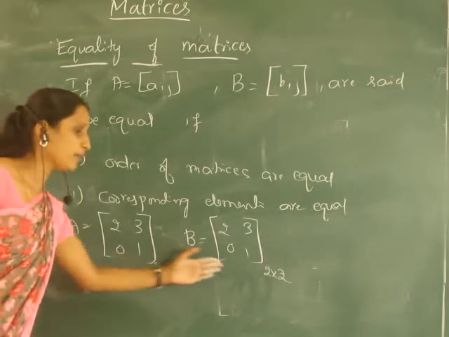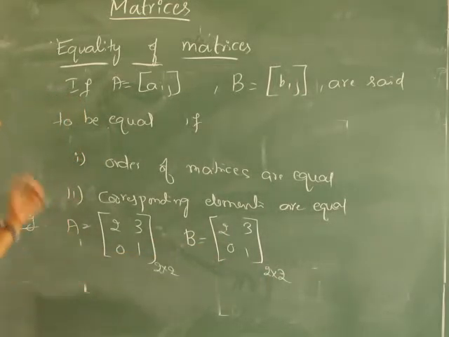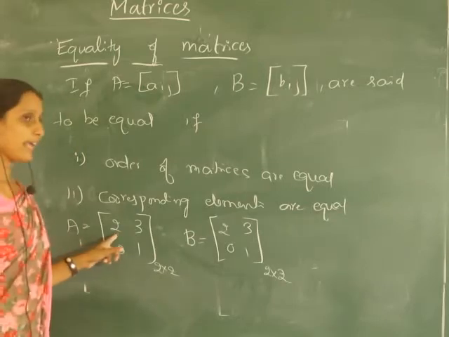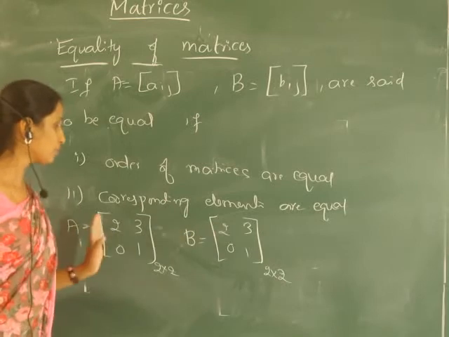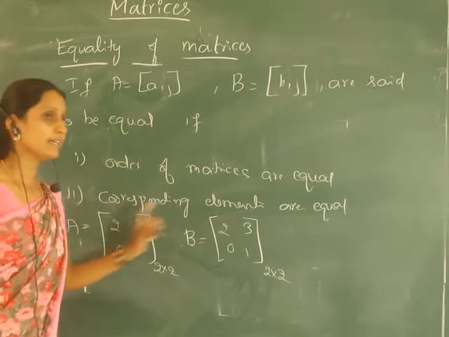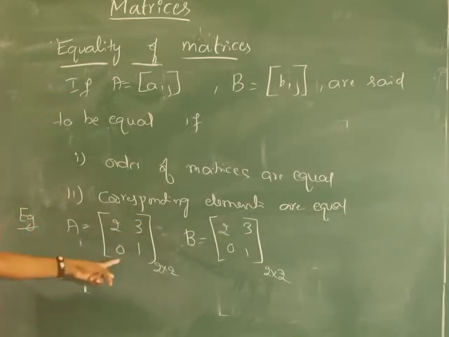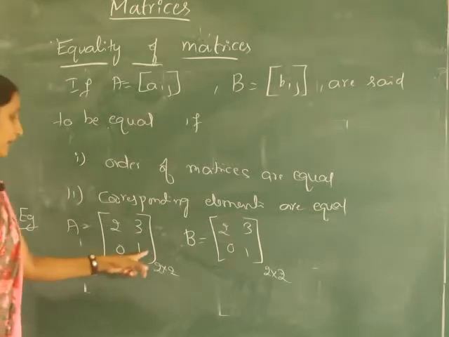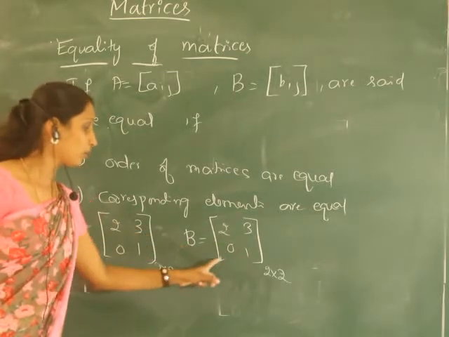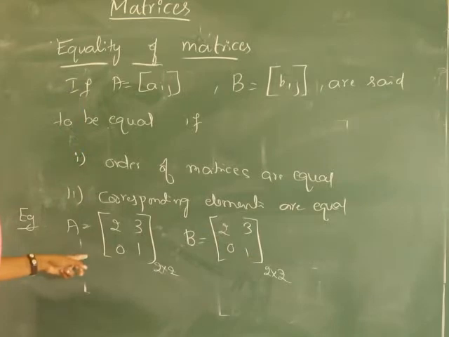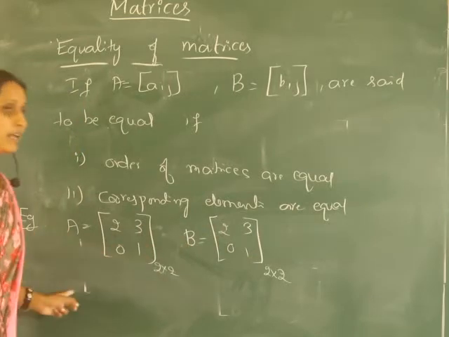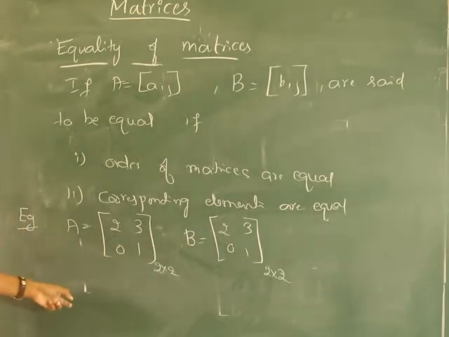So A and B are two matrices of the same order, 2 by 2, and the corresponding entries are also equal. In the A11 position the element is 2, in the A12 position the element is 3 in both matrices, A21 the element is 0, and A22 the element is 1. So we can say A and B are equal.